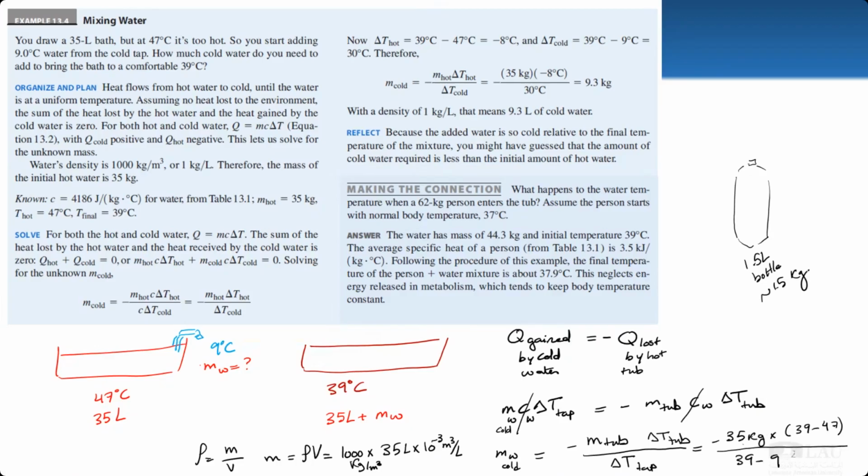So I will calculate this, and you should get 9.3 kilograms, which is 9.3 liters. So I need to add 9.3 liters of cold water in order to bring the tub to a comfortable temperature of 39 degrees Celsius.